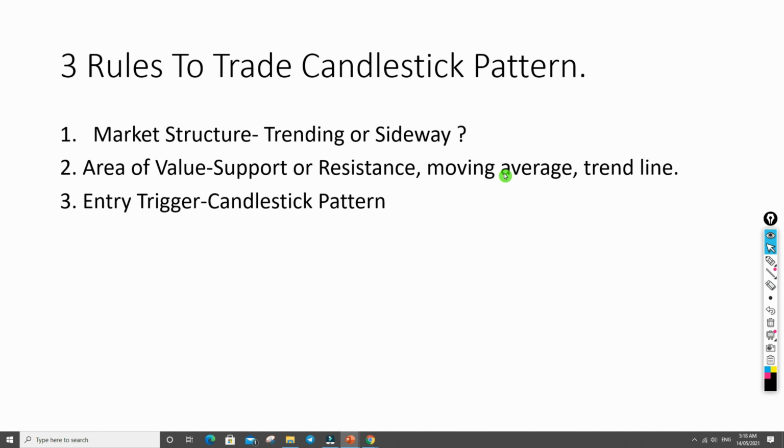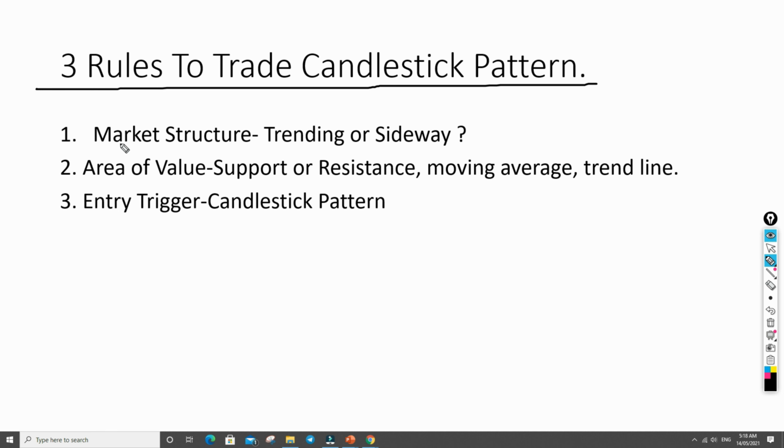Now we'll learn the rules to apply to these candlestick patterns so that we can trade the market. There are 3 rules that, if you apply them, are proven and tested rules that you can apply in the market.